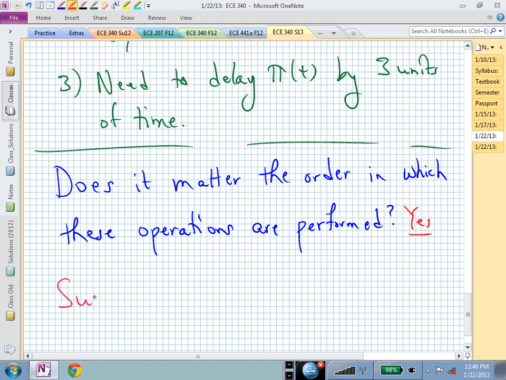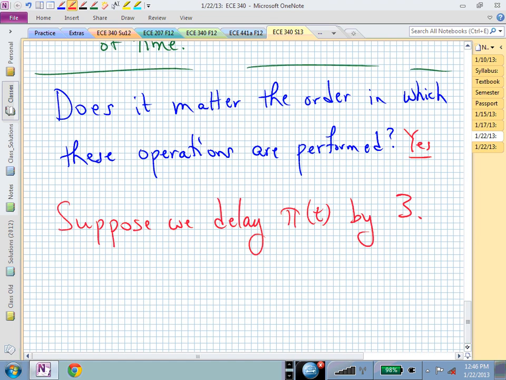Suppose we delay pi of t by 3. I'm going to index this so that I can keep track of what I'm doing. Let me call that d sub 1. So the first operation I'm going to call d sub 1, and that's pi of t minus 3.